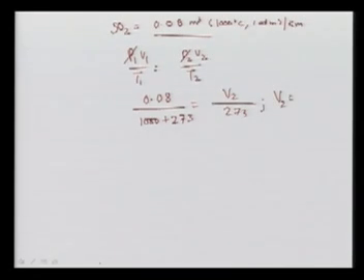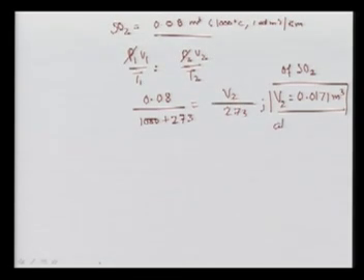I will do the calculation separately here. 0.08 times 273 divided by 1273, and this quantity comes out to be 0.0171 meter cube.